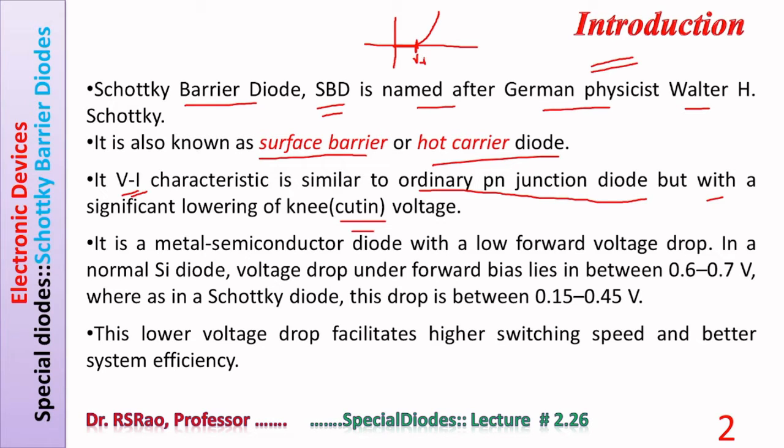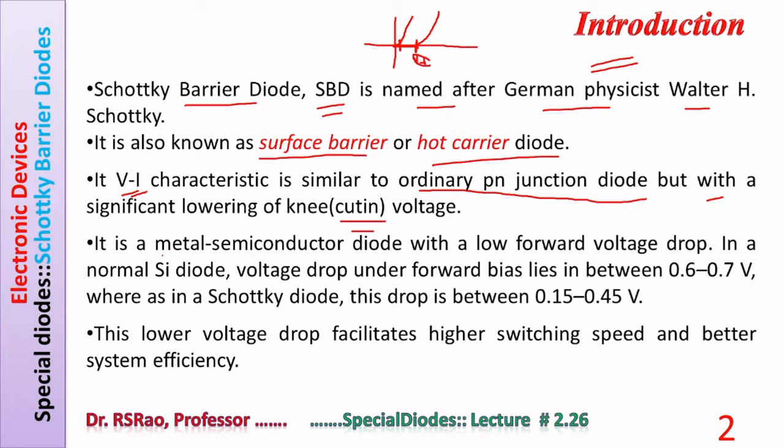This voltage is called cut-in voltage. This cut-in voltage is very, very small in SBDs when compared to ordinary PN junction diodes. So one can write the forward biased characteristic of SBD like this. V gamma, the cut-in voltage, is very, very small.